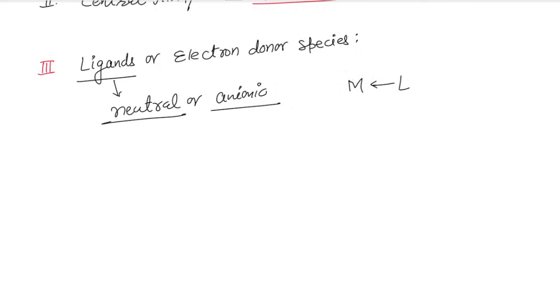There should be a coordinate bond formation between the metal and the ligand, where the ligand is the donor and the metal is the acceptor. These electron pairs are provided by ligands, and ligands are Lewis bases.